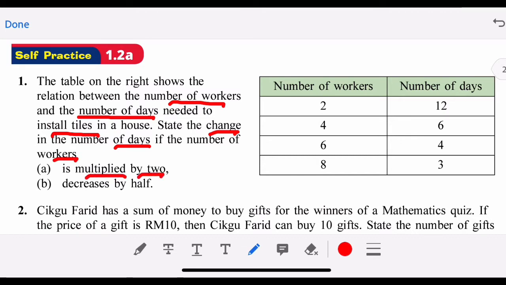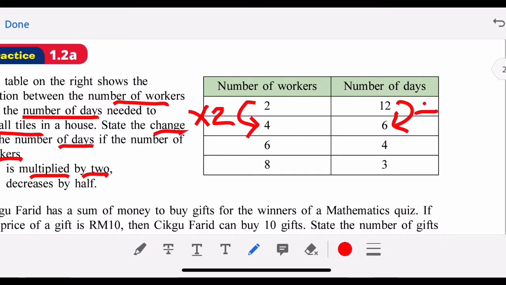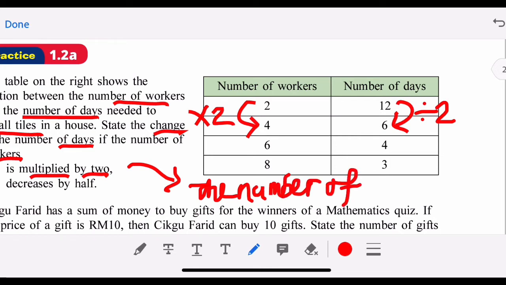If you multiply by 2, from 2 workers it becomes 4 workers, and you notice that the number of days is divided by 2. So we can say the number of days is half. So how to answer this question: the number of days is half.